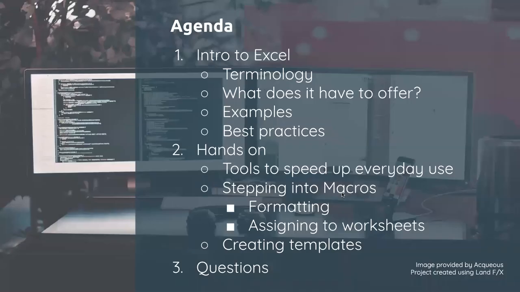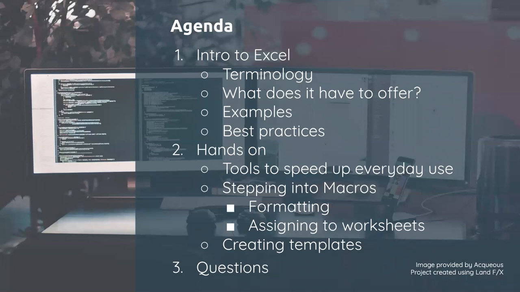Going from there, I'm really going to try to hit home a lot of the terminology from a general sense, and what Excel has to offer, show a few examples, talk about some best practices that I've come across, and what to consider when starting to use Excel.